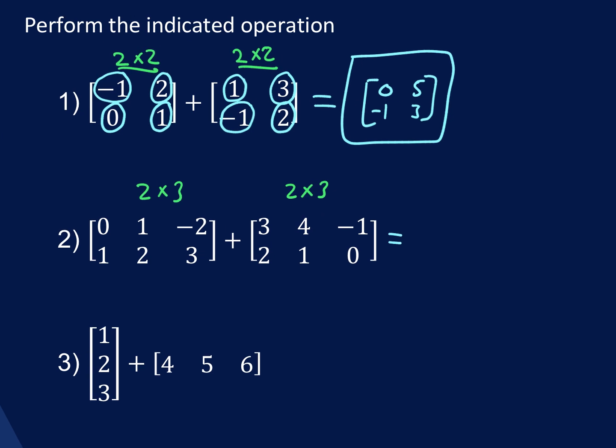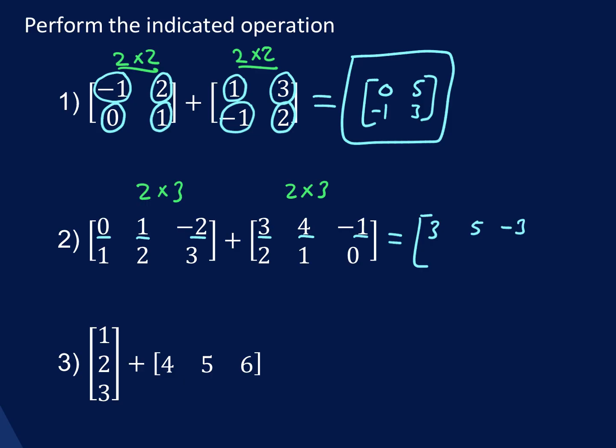We see a plus in between, so we're just going to add the corresponding entries. 0 plus 3, these are in the same spot, so I'm going to add them, is going to get you 3. Top middle with the top middle is 1 plus 4, so 5. The top right with the top right, -2 plus -1 is -3.